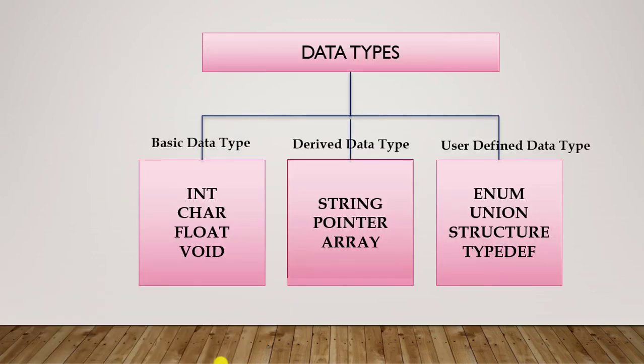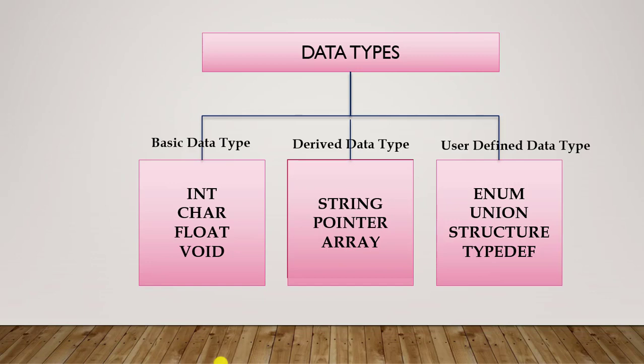Data types. Data type has three types. The first one is basic data type. The second one is derived data type. And the third one is user defined data type. We have four basic data types, which are int, char, float and void.